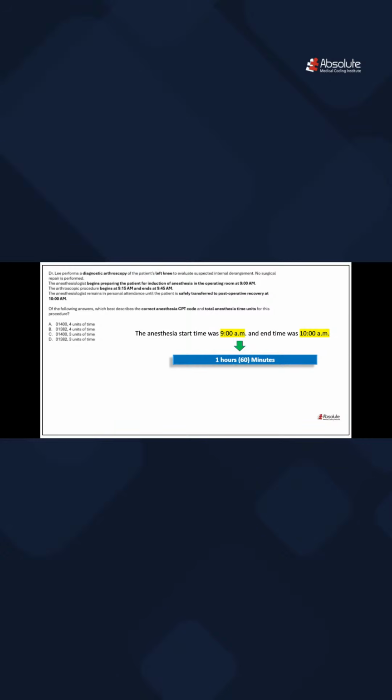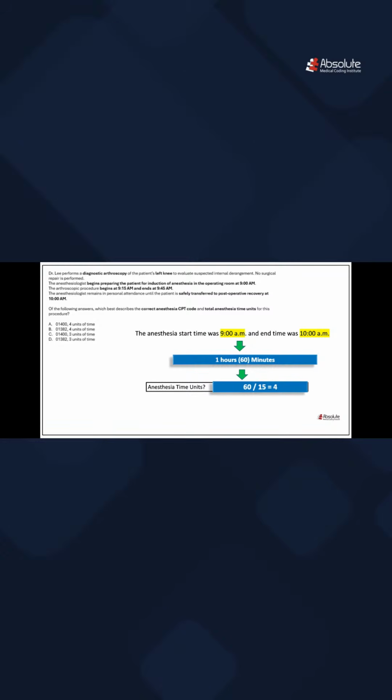Now, in order to calculate the anesthesia units, you will divide that 60 minutes by 15 because we know that 1 unit equals 15 minutes. So you divide 60 by 15, you will get anesthesia time units as 4.